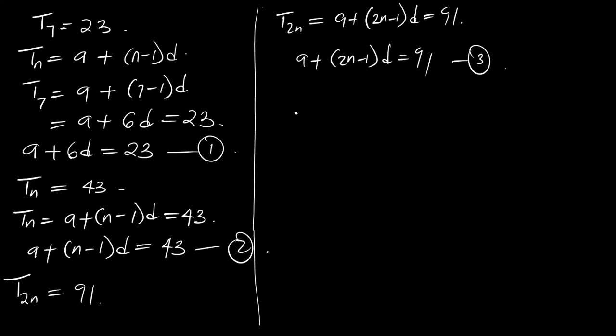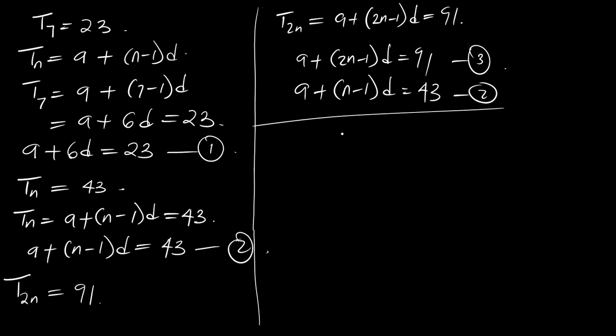Now what we're going to do is write down equation 2 under equation 3. We say A plus bracket open n minus 1 times D is equal to 43, equation 2. Now let's subtract equation 2 from equation 3. We just introduce a minus sign at the front of both the left hand side and the right hand side.